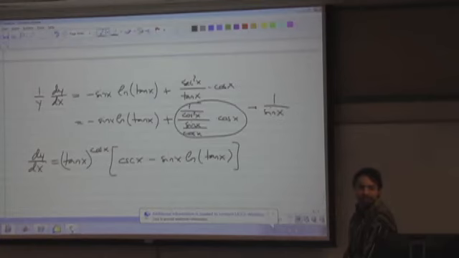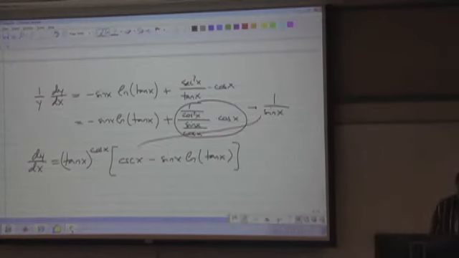How would you get from the sine x to the next step? Well, 1 over sine of x is cosecant. That is that. So the bracket is just the right hand side.